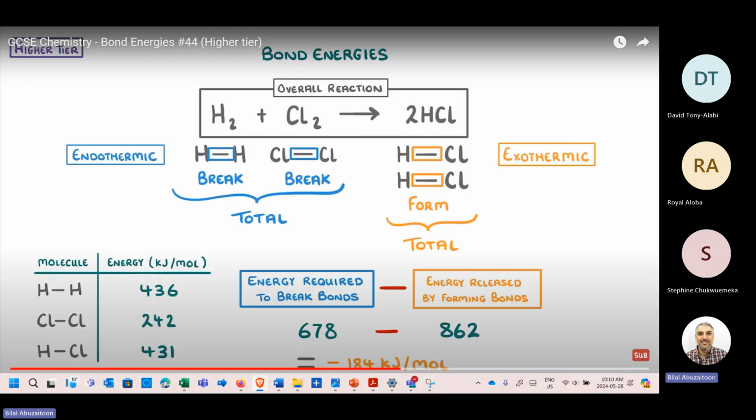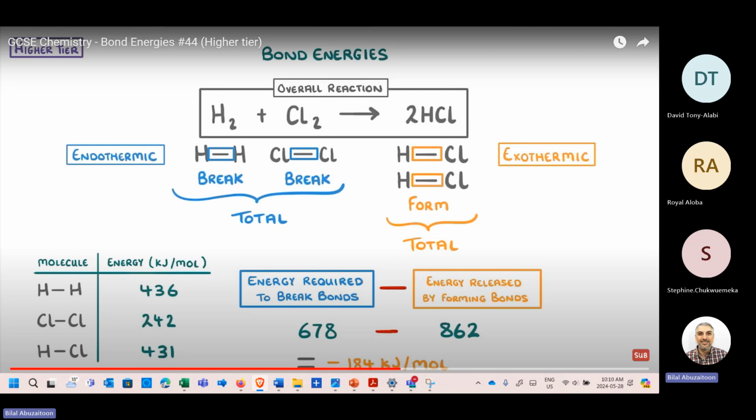So always, the energy needed to break bonds minus the energy produced while the bonds form in the product side. Always energy required minus energy produced.